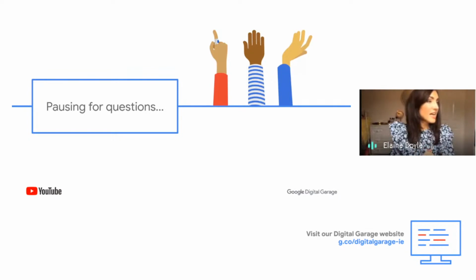Lavinia Mani. Hello, Lavinia, and thank you for your question. Can you have both personal and custom channel under the same Google account? It is not recommended, is what I'm going to say to that. You can create a custom channel. One of the workarounds is you can create a custom channel and add your Google account as somebody who can access the custom channel, but you can't actually do it the other way around.